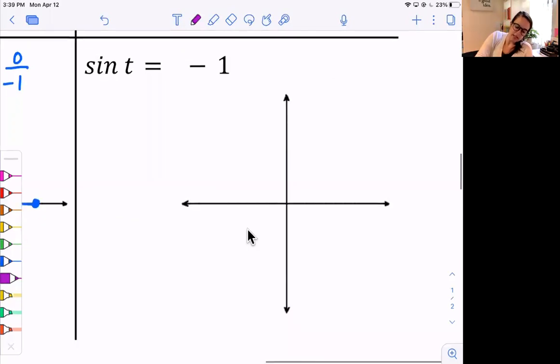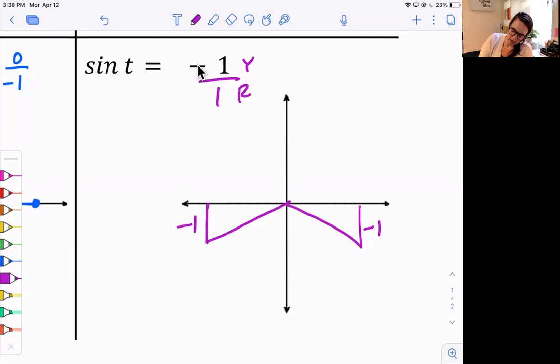All right, last one. Here we go. Sine t equals negative 1 over 1. Sine is y over r. So my y is negative 1. Draw this here. 1 and my radius is 1, just like that. Let me think. I'm thinking here, it's not possible.